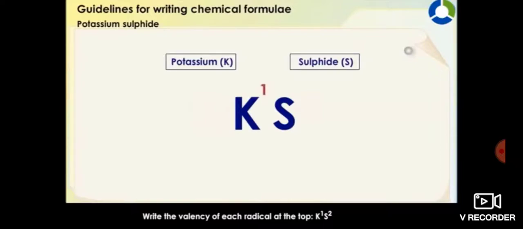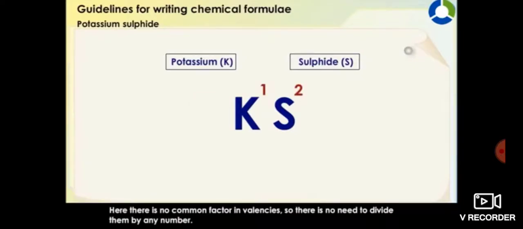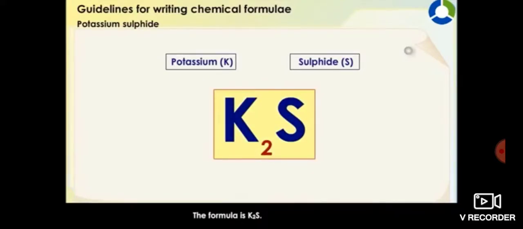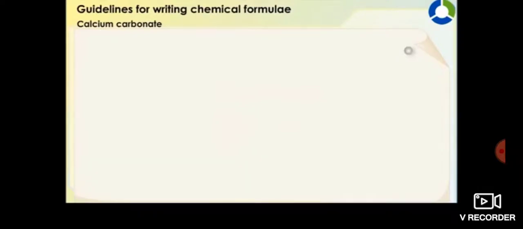K valency 1, S valency 2. Here there is no common factor in valencies, so there is no need to divide them by any number. Cross the valencies. K1 S2 is crossed into K2 S1 or simply K2S. The formula is K2S.